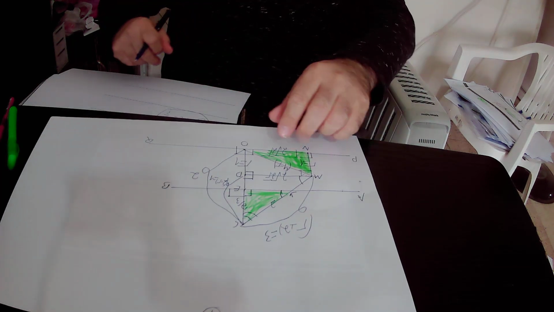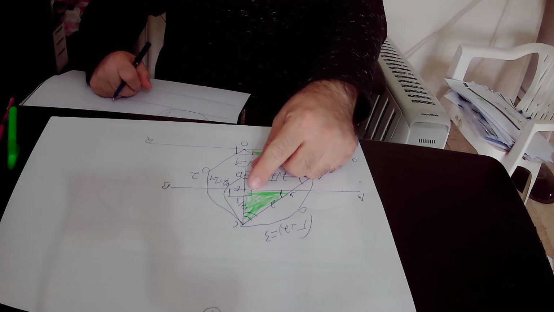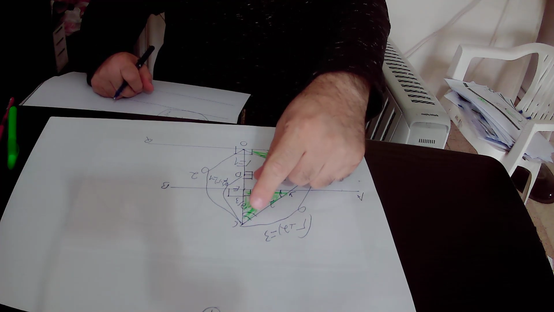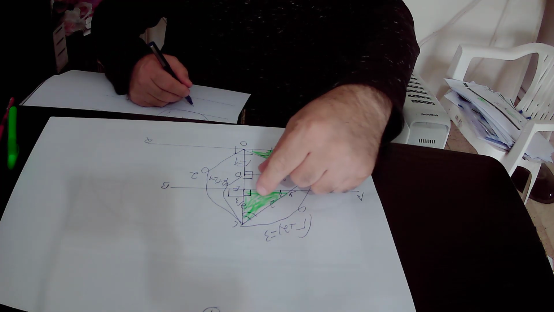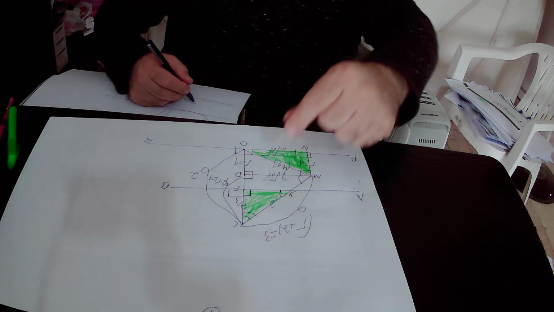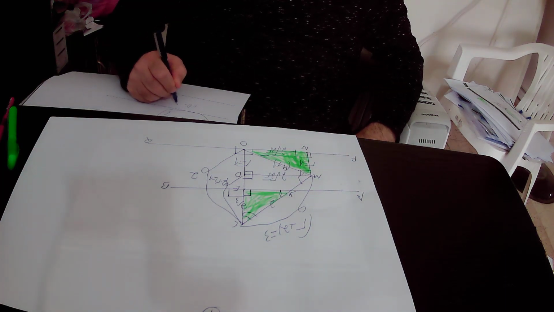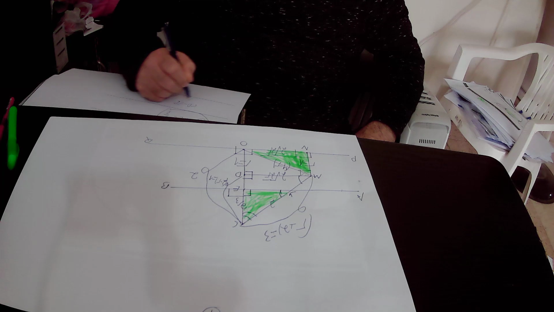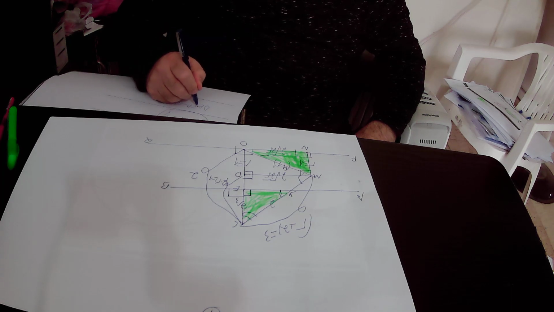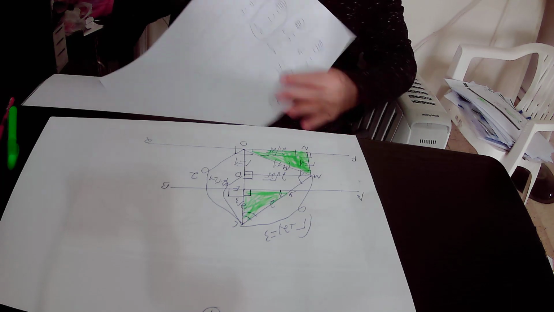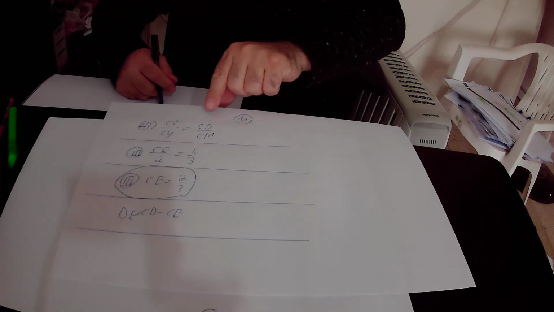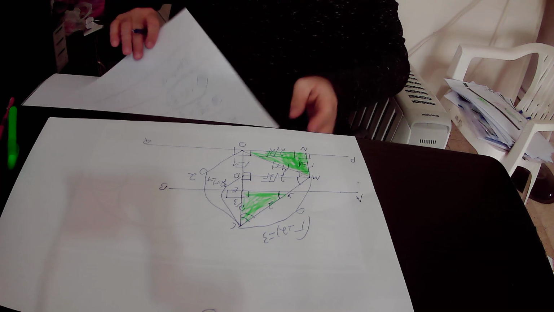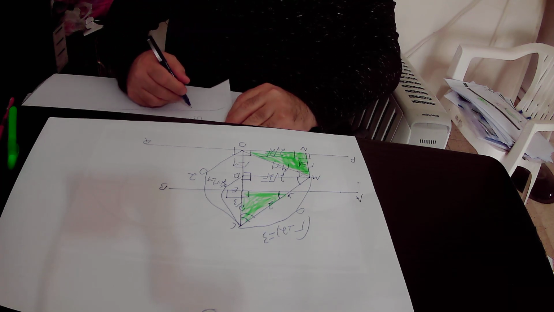And what is the value of DE? From the drawing you can see that DE equals CD minus CE. I'll repeat again. DE equals CD minus CE.